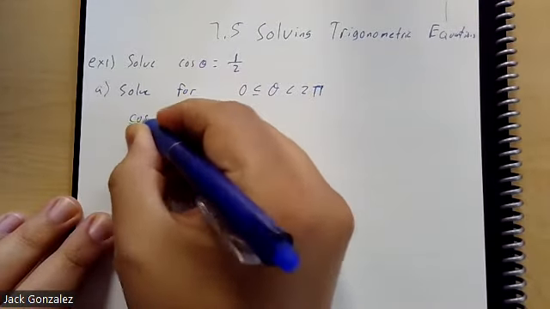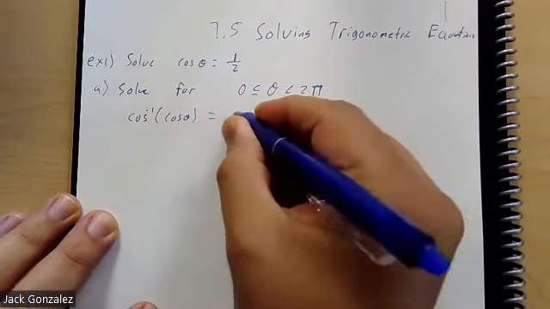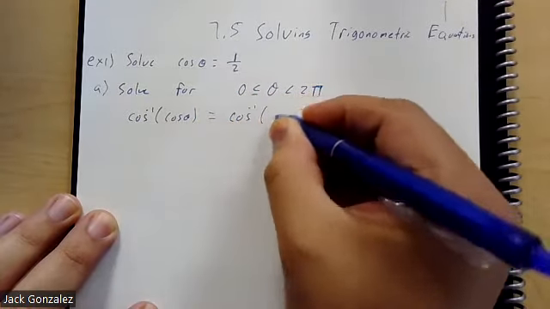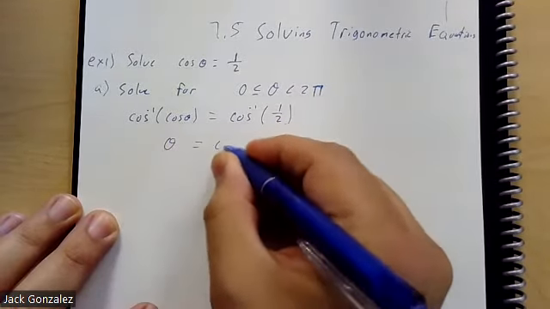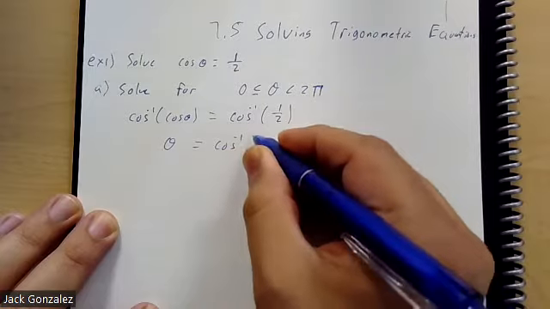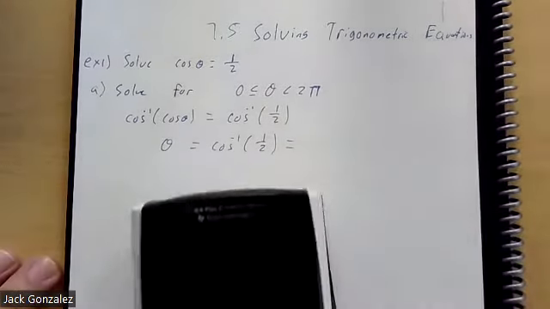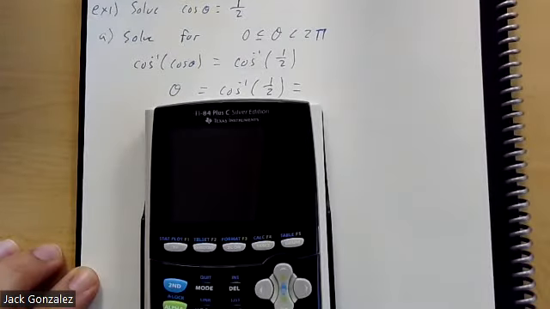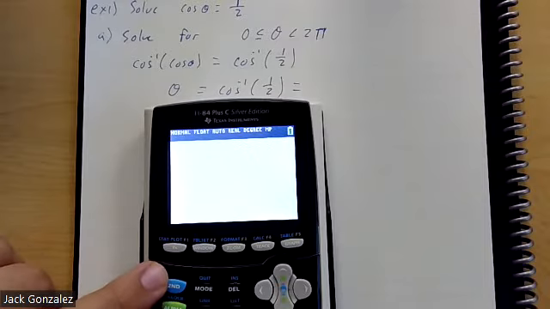So the idea is you do cosine inverse of both sides. So theta is equal to cosine inverse of 1/2. I'm going to do it in degrees. Cosine inverse of 0.5 is 60 degrees.